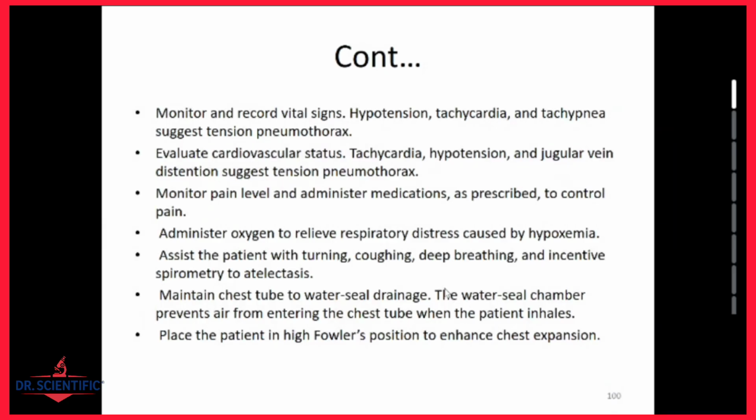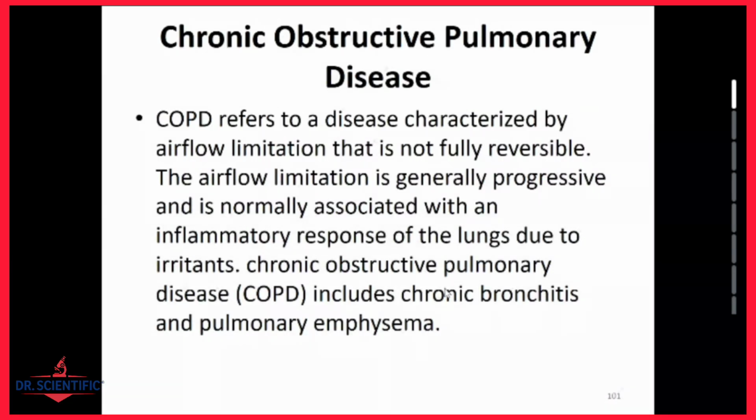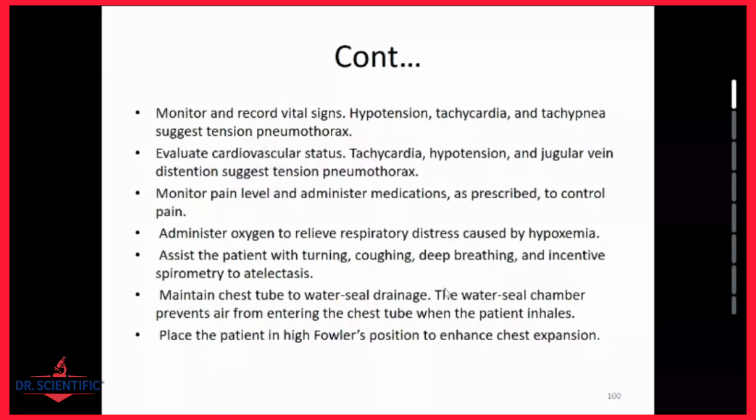Patient in high Fowler's position should be placed there, that is going to enhance chest expansion. Any question to that point? Manage pain, of course. Educate the patient to avoid strenuous activities, very important, because you don't want to aggravate the problem.